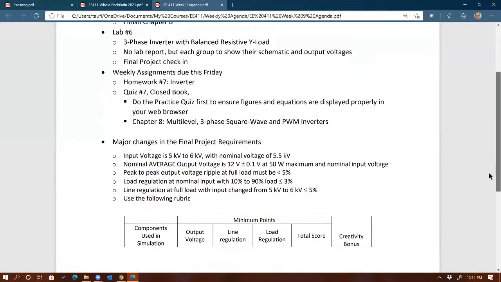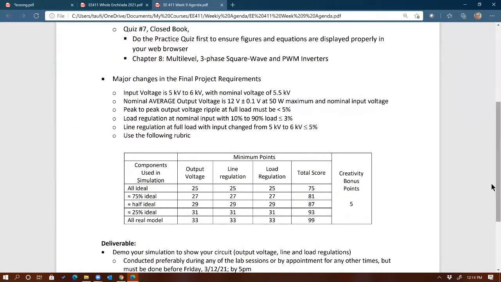All right, and then there's been a lot of questions and challenges in doing the final project. So I've decided to make a lot fewer constraints for the final project. These are the 5 requirements that you will have to meet for the final project.